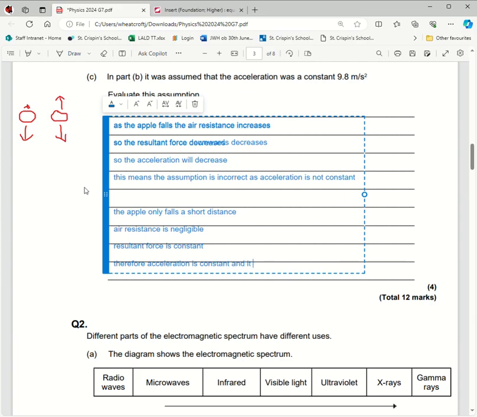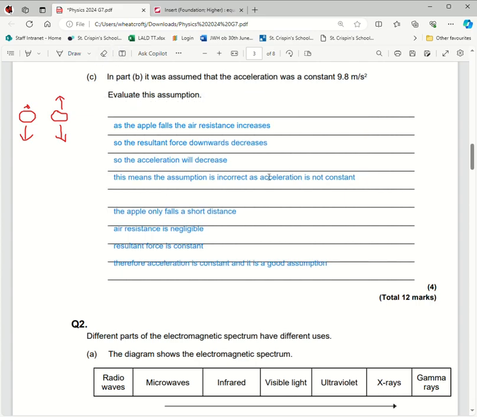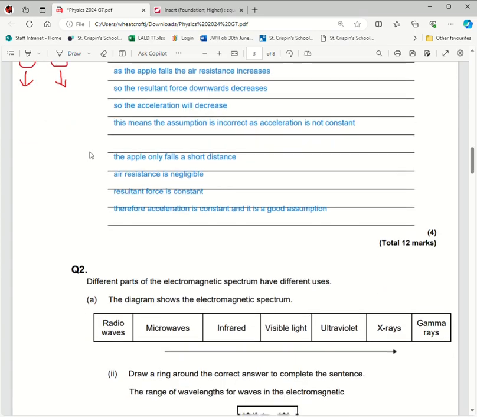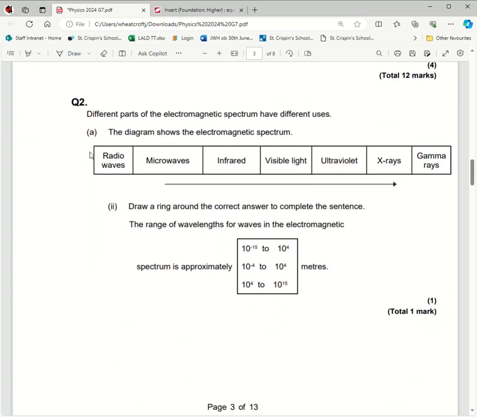And it is a good assumption. So those are the two different ways you could choose to approach that question. Both of them would be correct. The thing that you need to make sure you do is you're linking your justification clearly to the science behind it. All right then, well that was a big old question, but that's actually a huge chunk of the marks already done through.